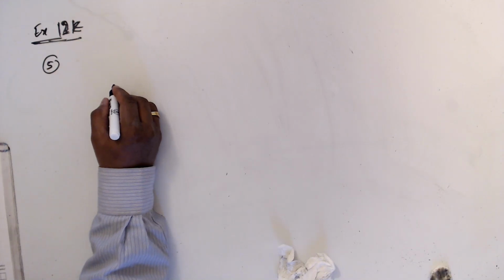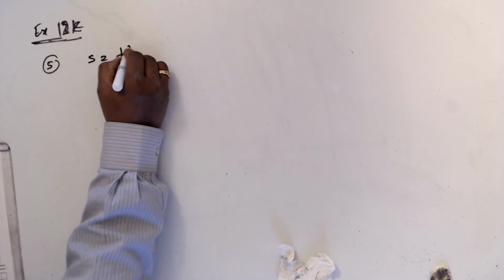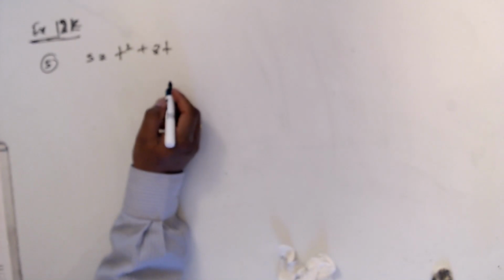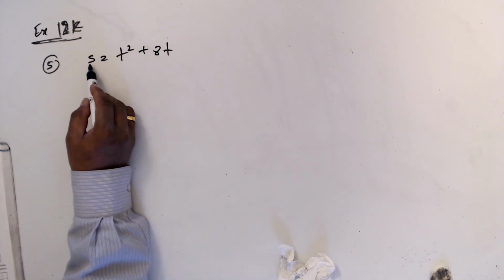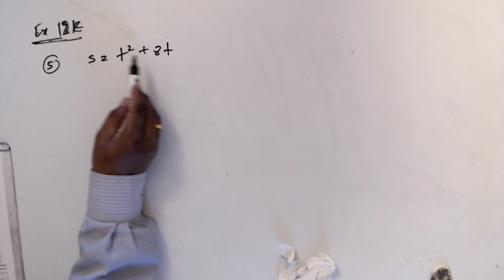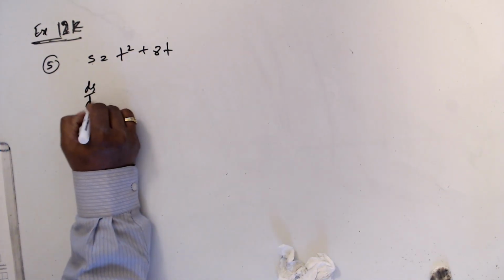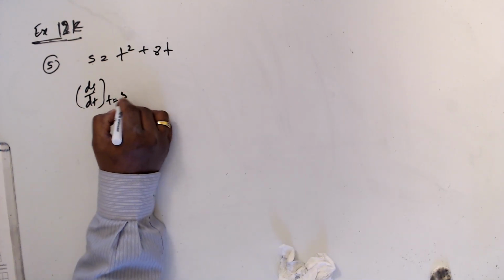Question number 5. Again, when you read, you can see that there is displacement s and time, t square plus 8t. Now we want to find the rate of change of displacement with respect to t, which is ds over dt when t equal 5.